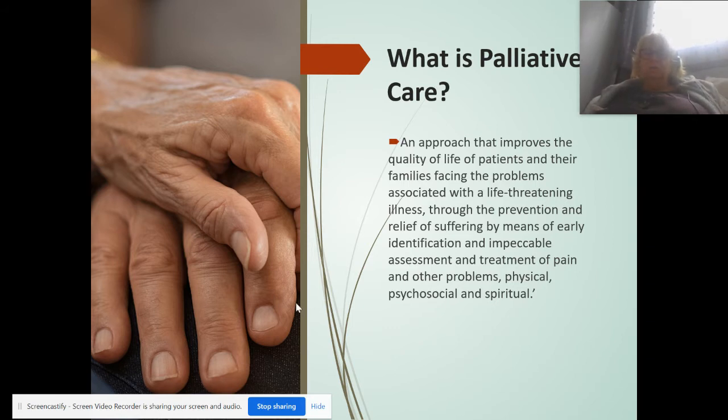So you're not only looking after the physical well-being of the patient, you're also looking after their psychological and spiritual needs. So you're looking after their mental health as well as their physical health. And in palliative care, we use te whare tapa whā. And when we use te whare tapa whā, that comes into our impeccable assessment.